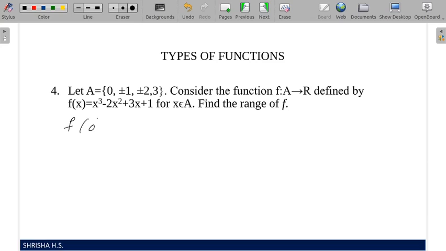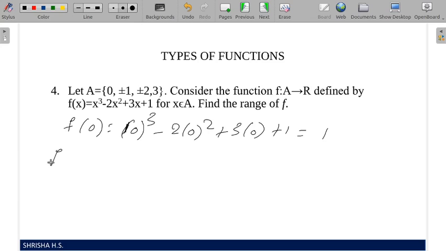F of 0, so x cube, 2x square, it will be 1. Okay, x cube 0, 2x square again 0, 3x again 0. 1 does not have an x term, that's why 0 will not be multiplied, that's why we will be having 1. So for those who didn't understand, we will just do a lengthy way.